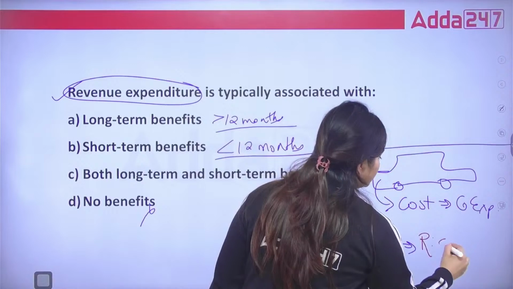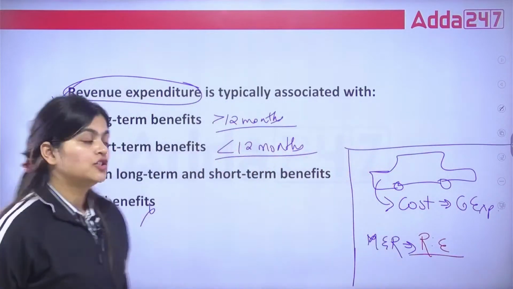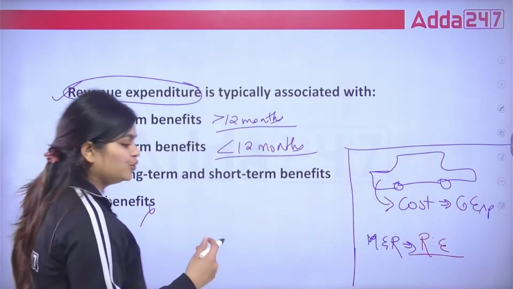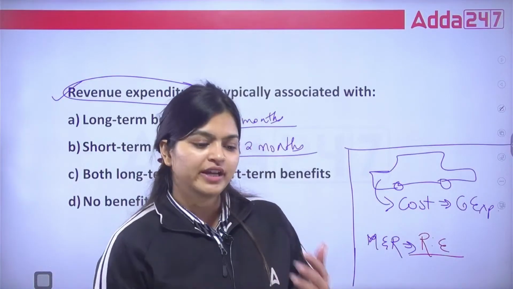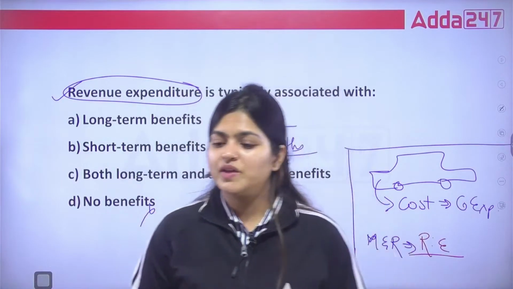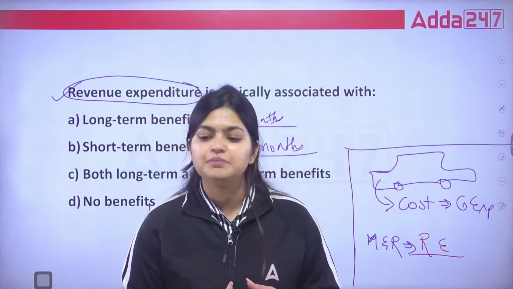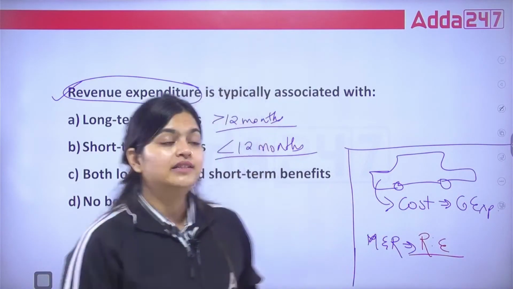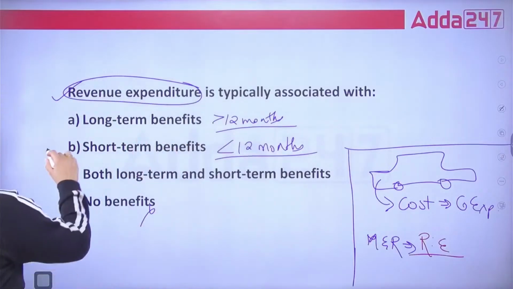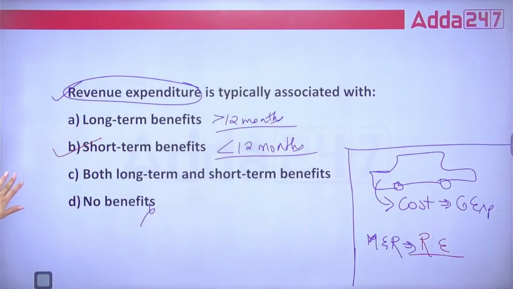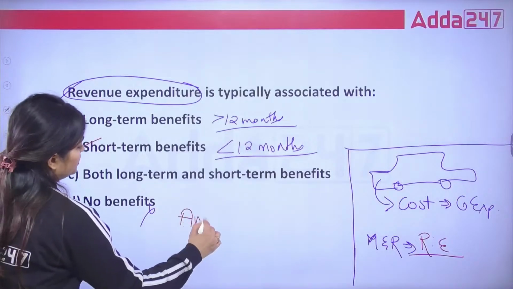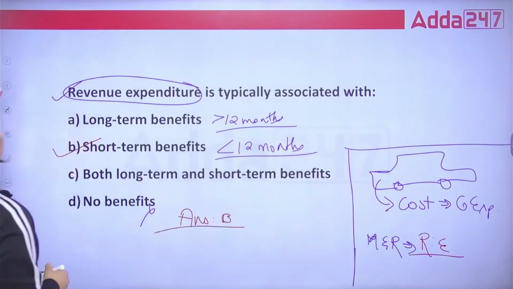Correct. So this is revenue expenditure. I need to do the cleaning every day or alternate day, otherwise you can see there is so much dust. So for maintaining, for cleaning purpose, whatever I am paying, that is my revenue expenditure. And the benefit is also short-term benefit. So the answer here is going to be your answer B.